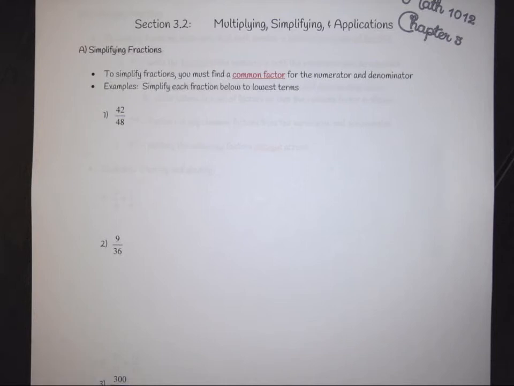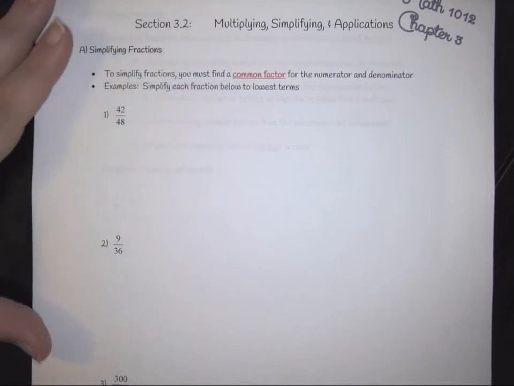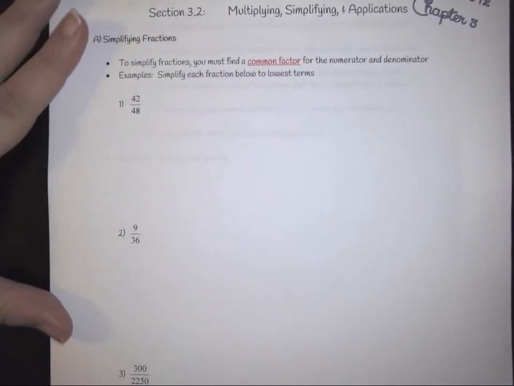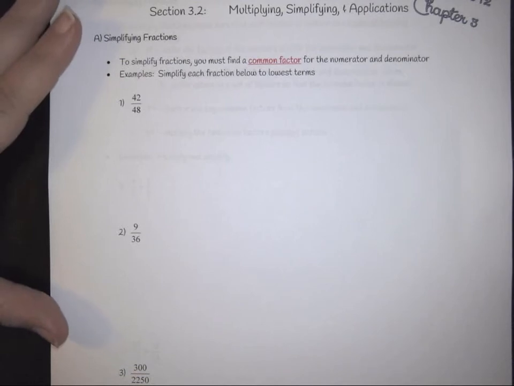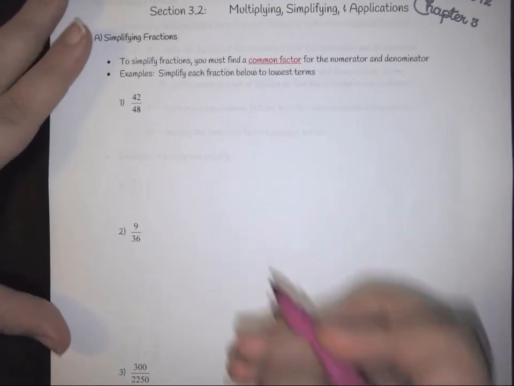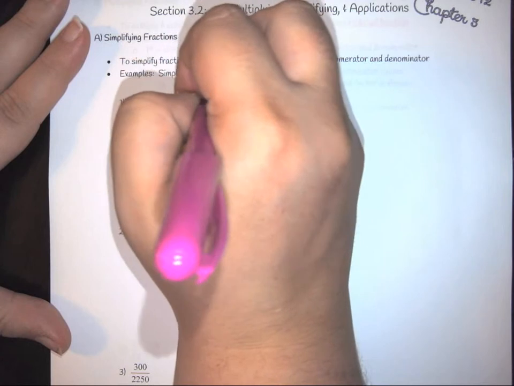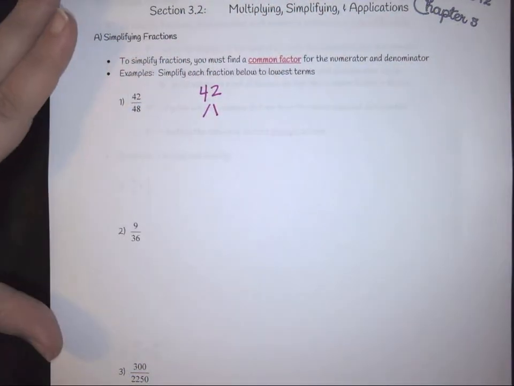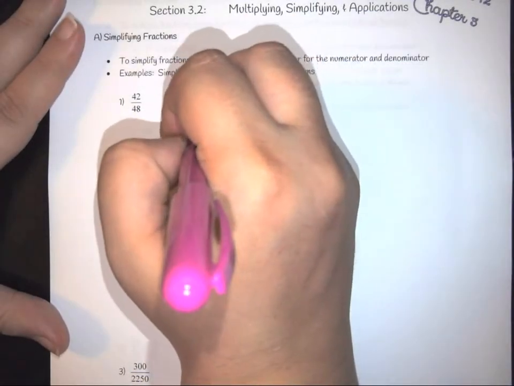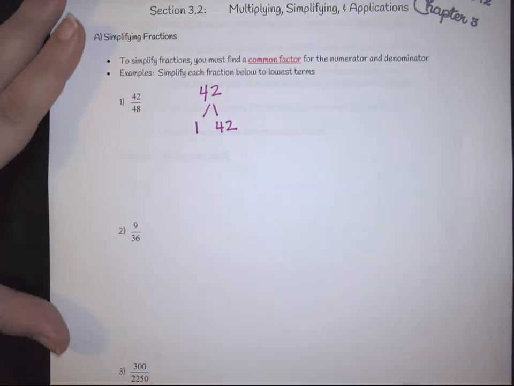So, let's look at our first fraction. I've got 42 over 48. To find a common factor, one of the ways I see a lot of students attack it is to look at 42 and 48 and literally list out their factors. If we look at 42, first and foremost, we know good old-fashioned 1 and 42.